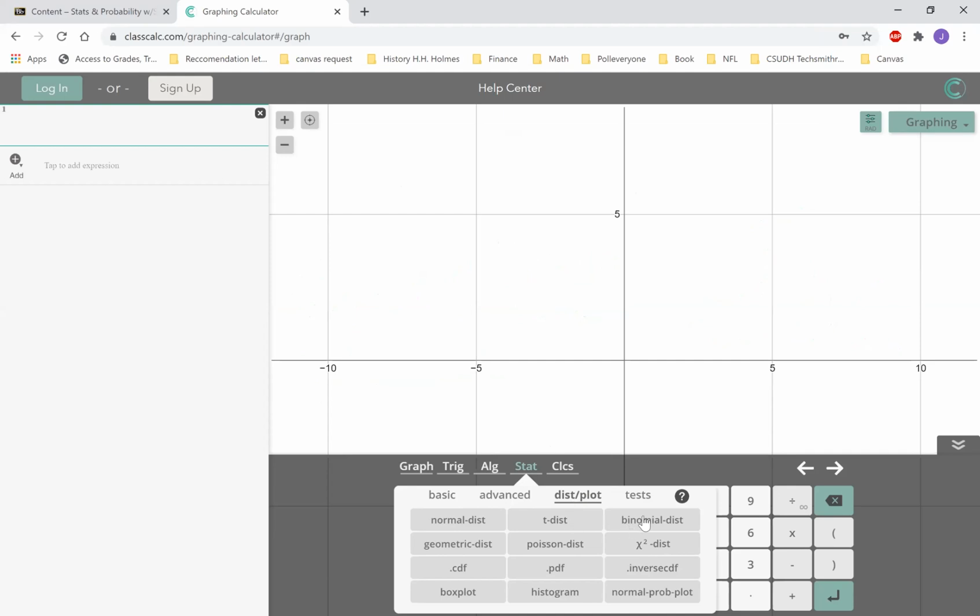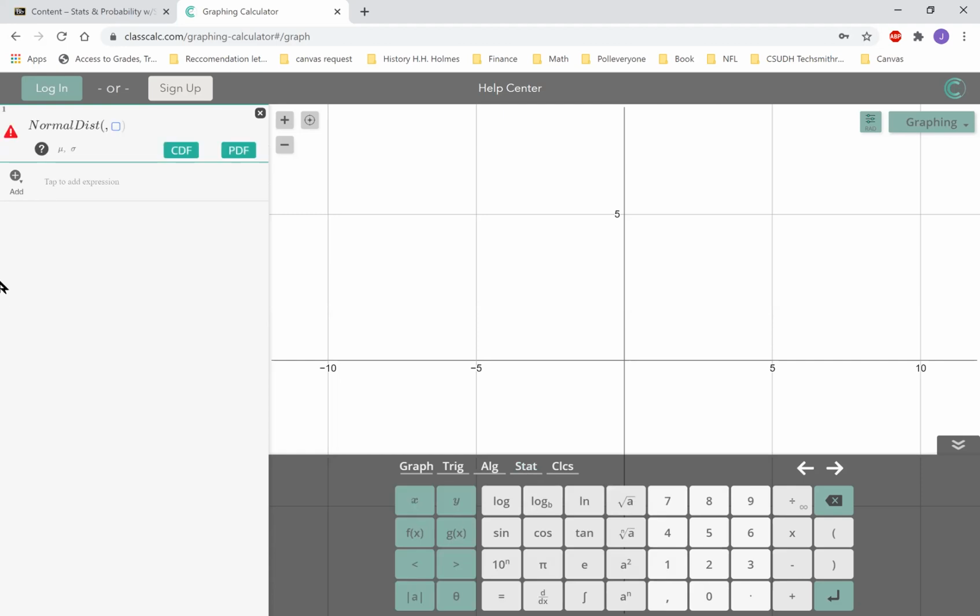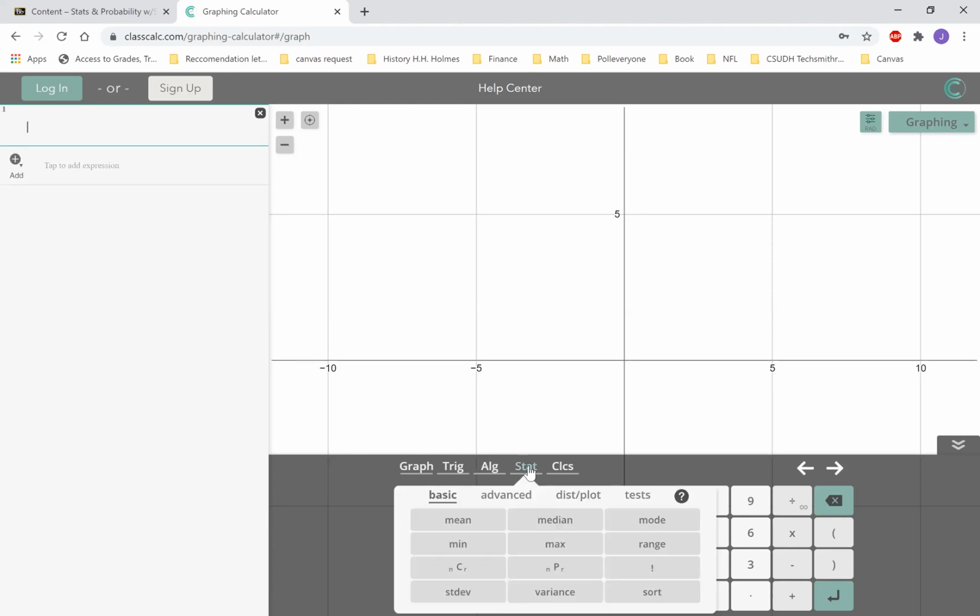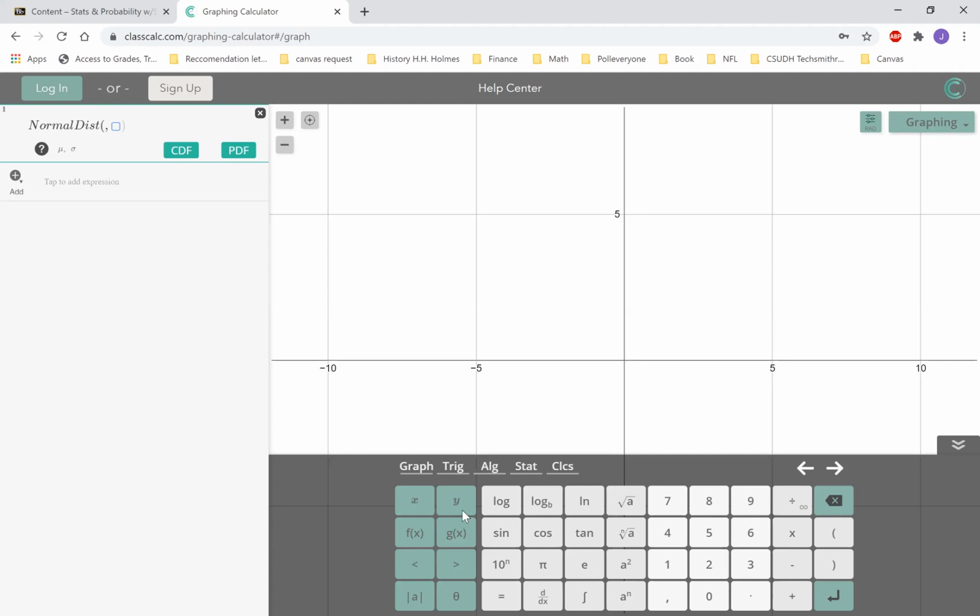Right here is the binomial distribution, which is what we did yesterday. For today, we're going to be focusing on the normal distribution, so you want to click normal distribution. Let me do that again in case you got lost. You go over to stats, click distribution, and click normal distribution.